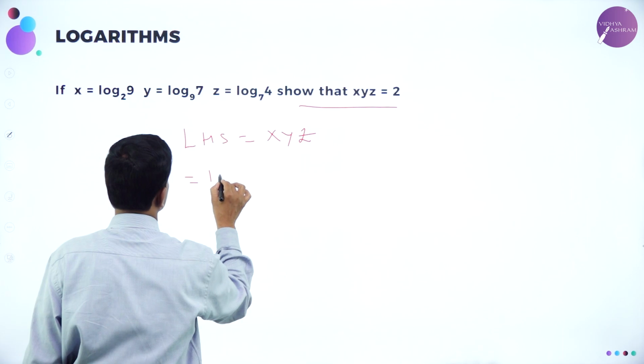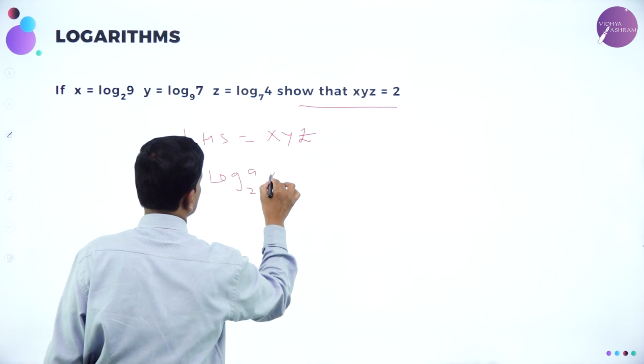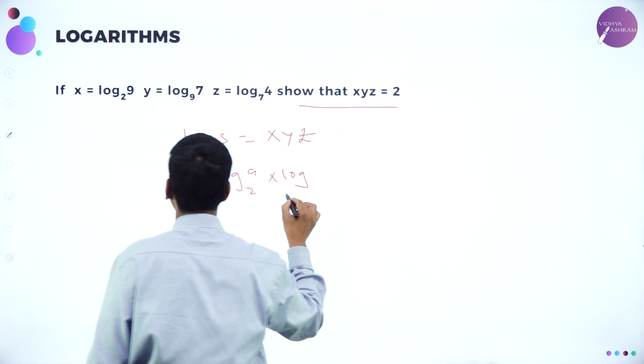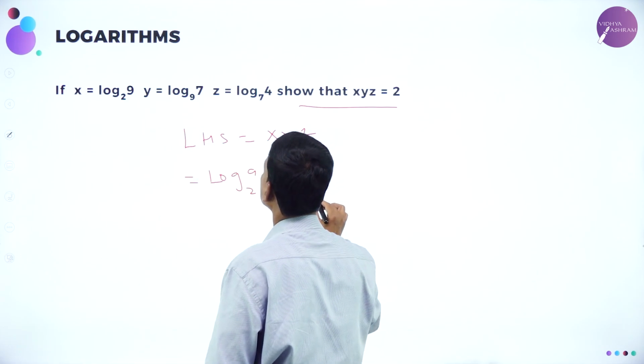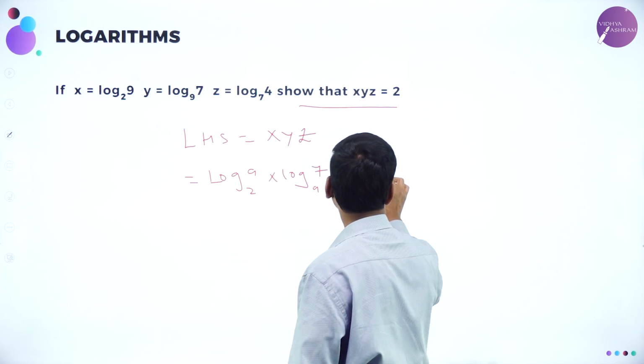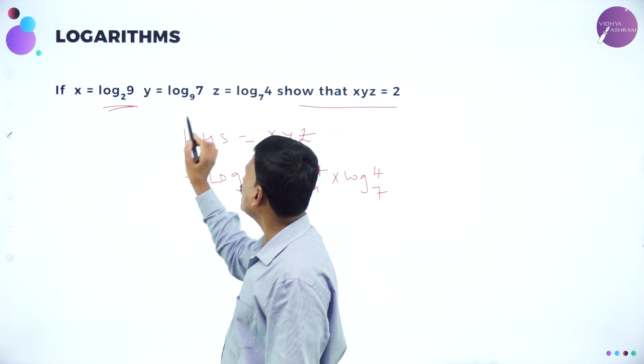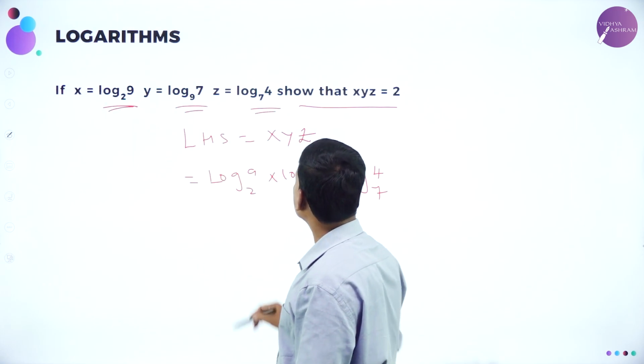Substitute the values. What is x? Logarithm of 9 to base 2 into logarithm of 7 to base 9 into logarithm of 4 to base 7. So x is log 9 to base 2, y is log 7 to base 9, z is log 4 to base 7.